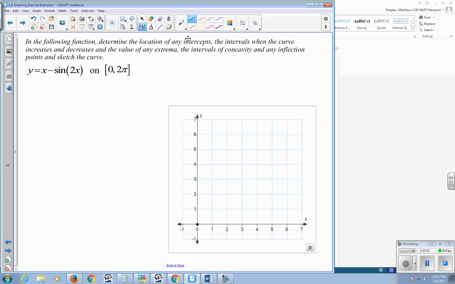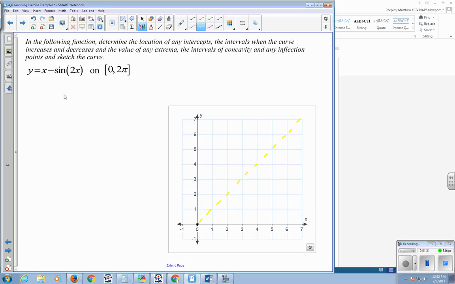Well, one thing that we can point out is that in this function, where I have y equals x minus sine of 2x, we know that when we take a combination by addition of a function added or subtracted to one of these trigonometric functions, this first function will act as a center axis of the graph. That means that on this graph, the line y equals x is going to act like a center line for this graph.